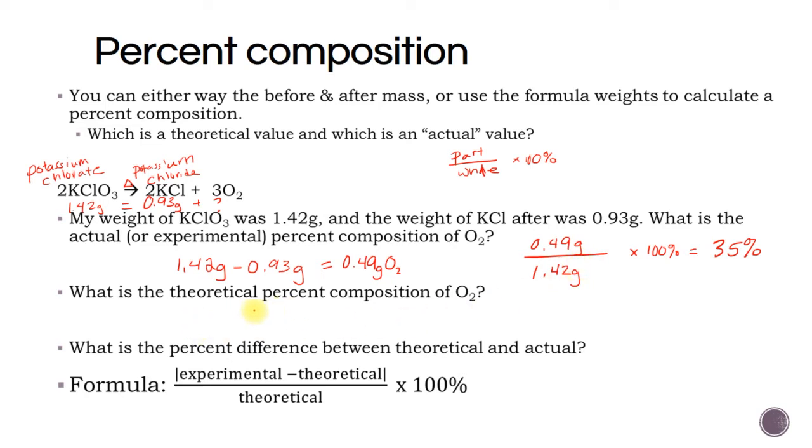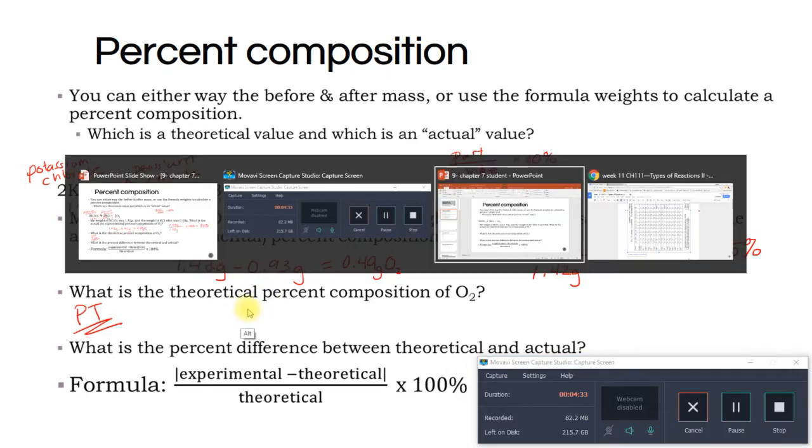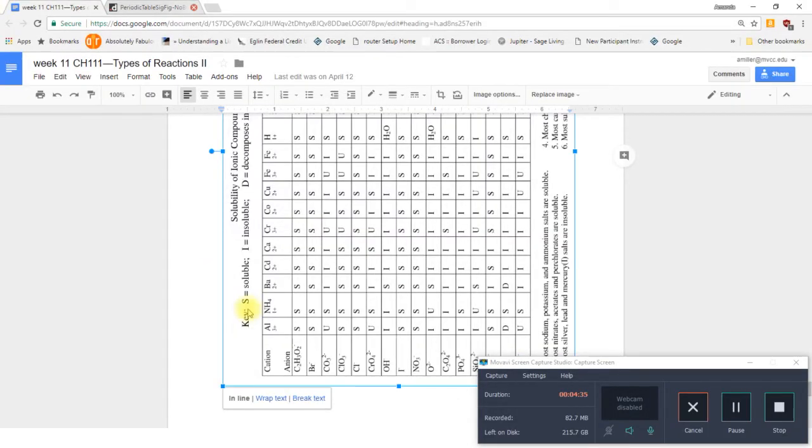The theoretical percent comes from the periodic table. We did this together in lab, but here it is again, just to remind you. I have to pull the masses of these things from the periodic table. So let's take a look at my periodic table here.